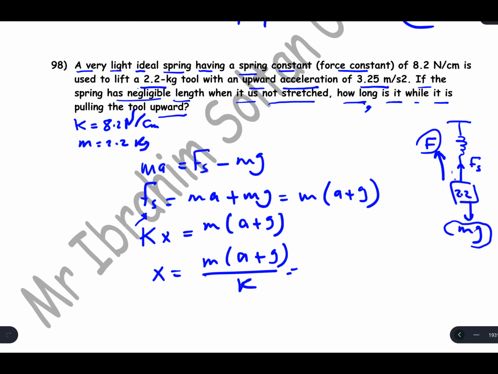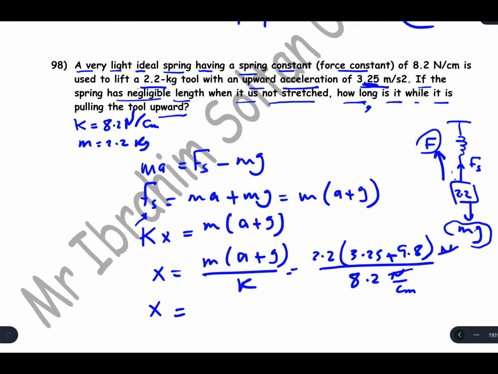Let's calculate it. M in kilogram, right? 2.2. A, the acceleration, he gives it 3.25 plus 9.8 over K. K is 8.2 Newton per centimeter, and this is in Newton, so Newton goes with Newton, so X in centimeter.